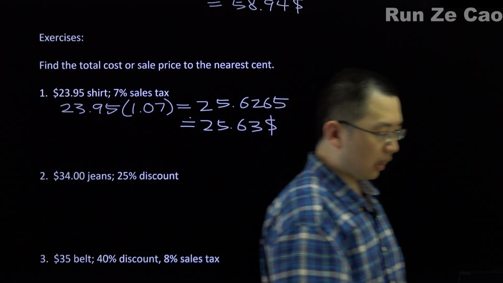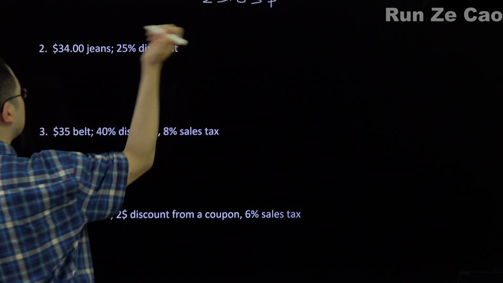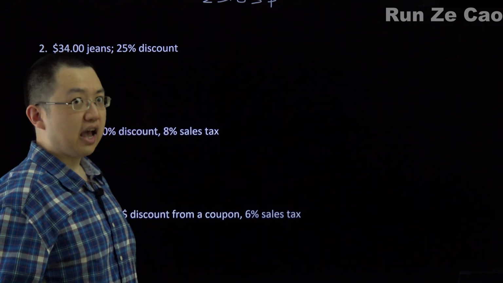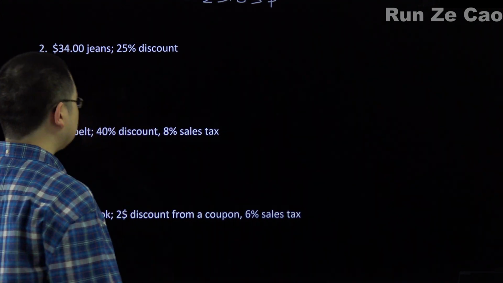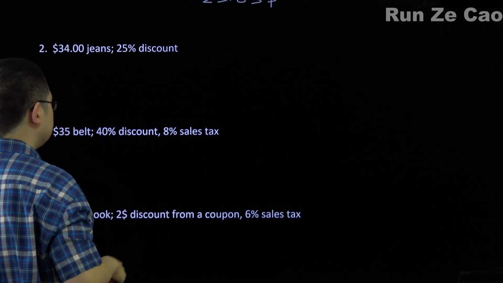$34 jeans at a 25% discount. Well, 25% discount means that the price is 25% lower.